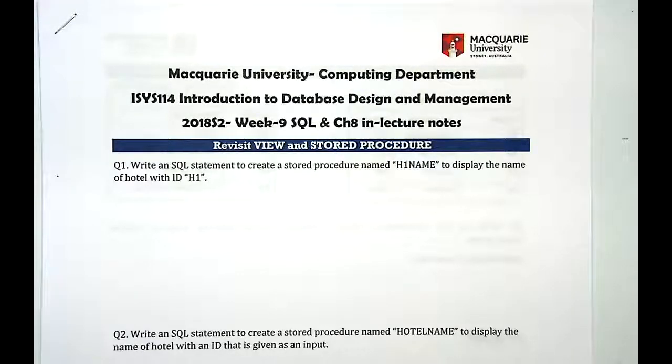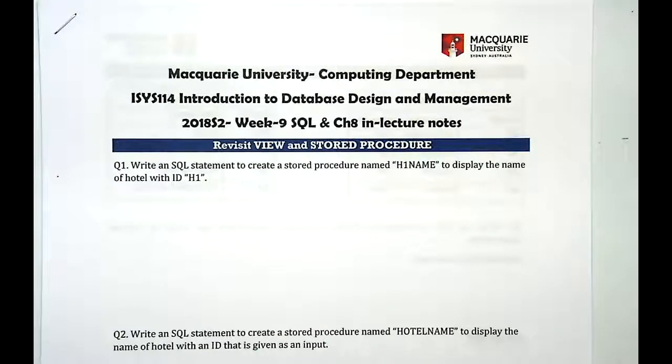The last module will be the database advanced topics, which is a bit more theoretical. It talks about important concepts you need to know about database, such as database administration, data quality, data warehouse, green IT, big data, and analytics. These are some advanced topics you need to know, and that will be the last 3 weeks.